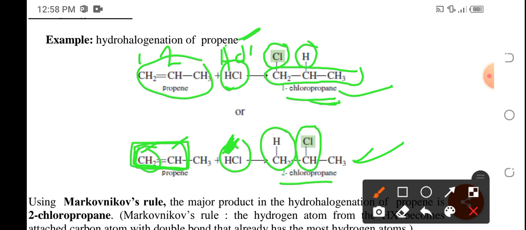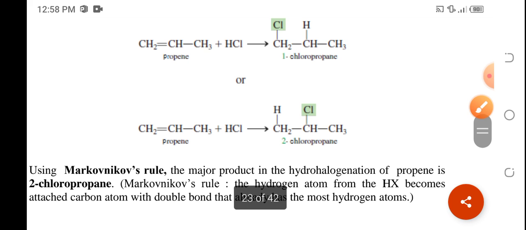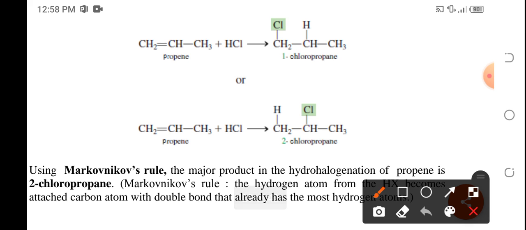So according to Markovnikov's, this hydrogen will go to the carbon atom that bears most of the hydrogen. Therefore, the one that predominates here would be 2-chloropropane, because the hydrogen goes to the unsaturated carbon atom that bears most of the hydrogen.